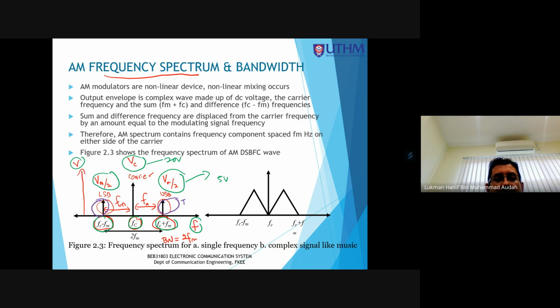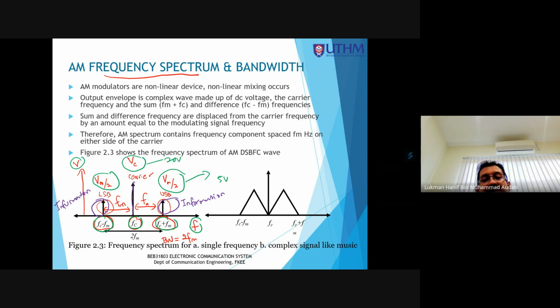In the upper sideband, we have information, and the lower sideband also contains the same information. So it is like duplicated information, whereas the carrier itself does not contain any information.